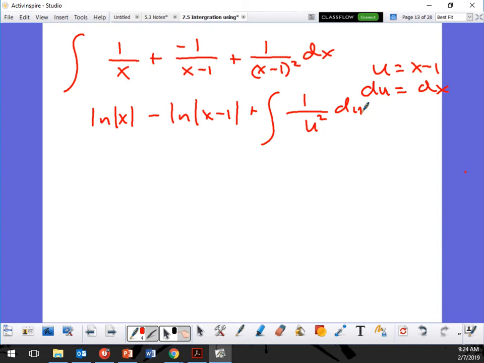So it'd be a negative, so it turns into plus a negative 1 over u, and u sub back in is just x minus 1. And can't forget plus c.